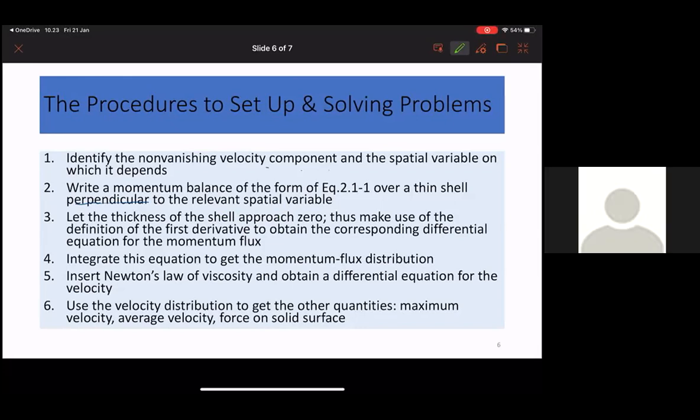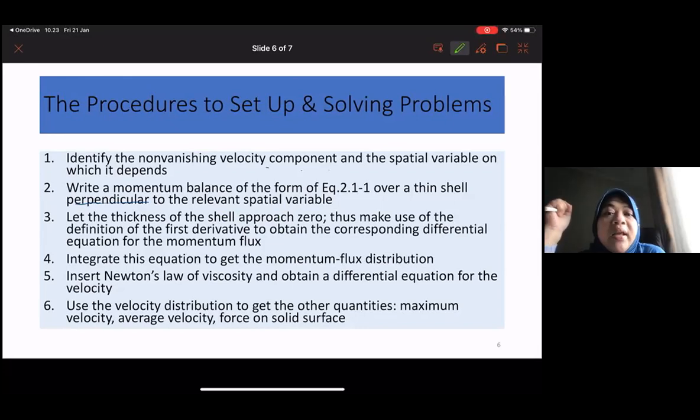You should be able to identify which is the vanishing velocity component and which is the non-vanishing velocity component.